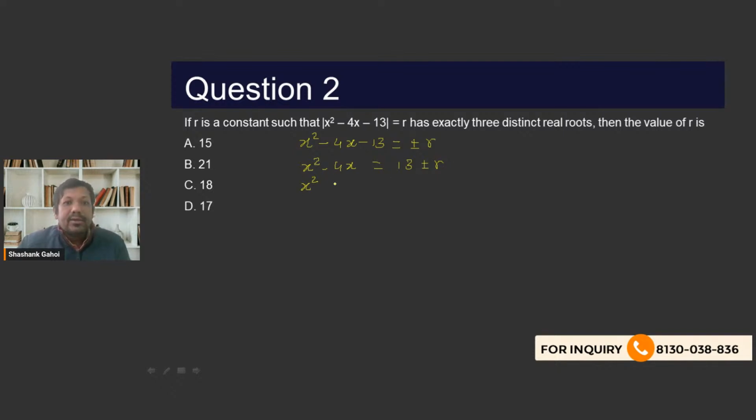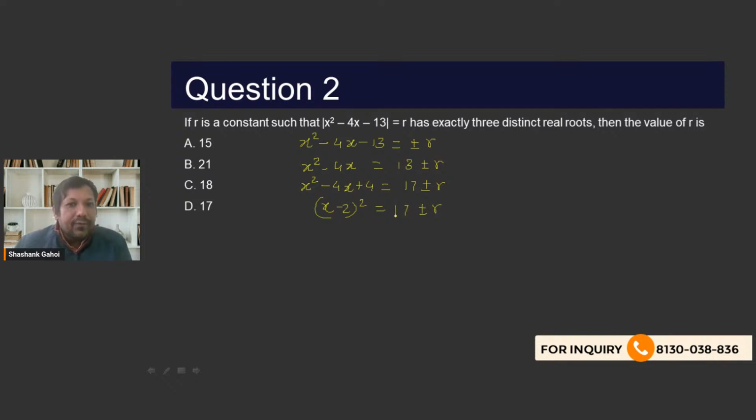So x square minus 4x, the coefficient of x is minus 4, half of minus 4 is minus 2, and square of minus 2 is 4. So I am going to add 4 to both sides. So it is going to be 13 plus 4 is 17 plus minus r. It is going to be x minus 2 whole square, and that is equal to 17 plus minus r.